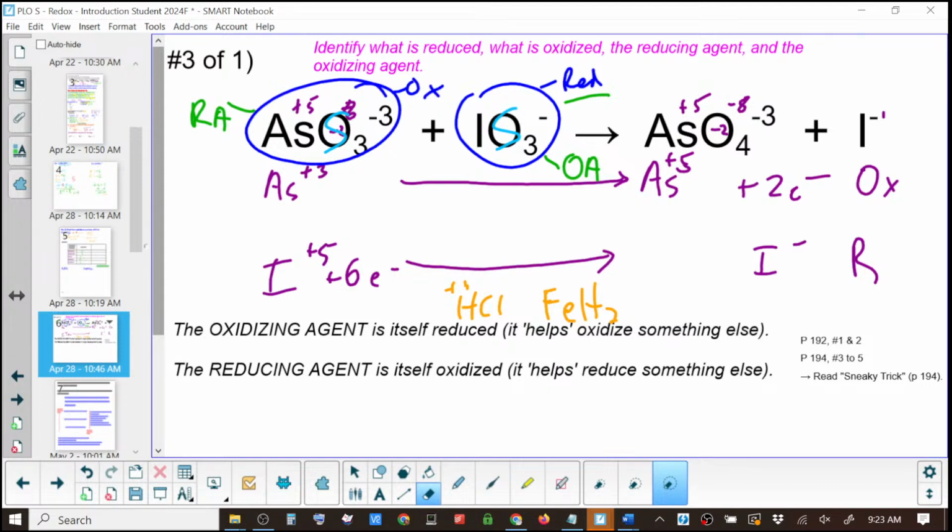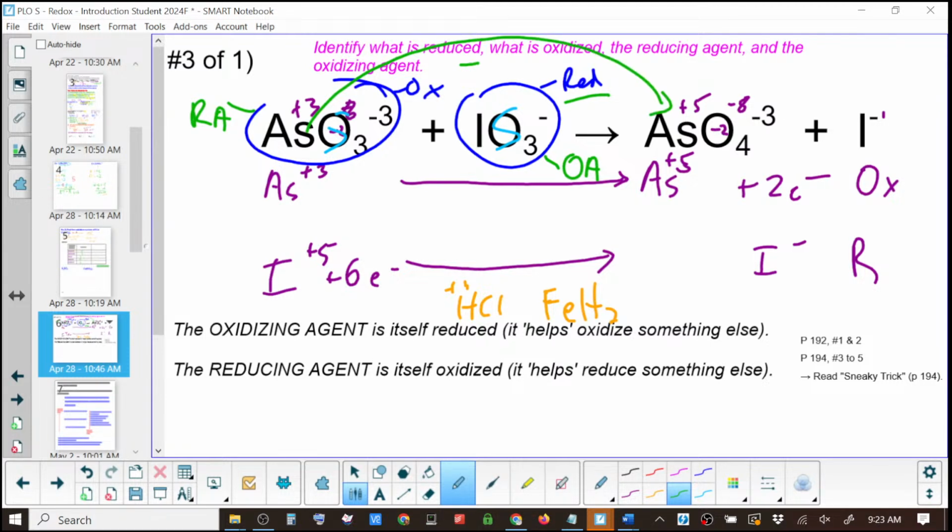I would start writing on your sheet, like write the charge, like that is +5. And this one wasn't +5, this was +3. Now it's +5. When I'm doing it, I'll draw an arrow, because I went +3 to +5. That had to lose some electrons.